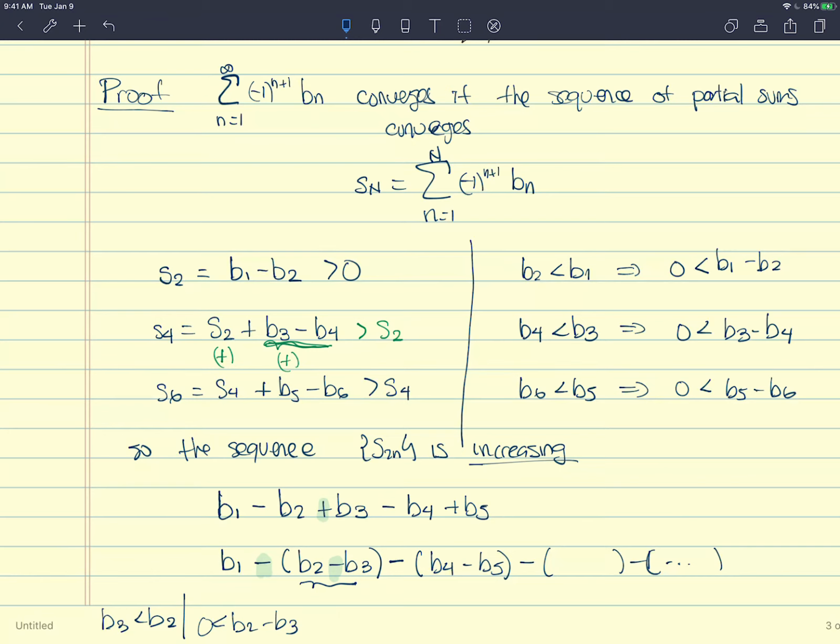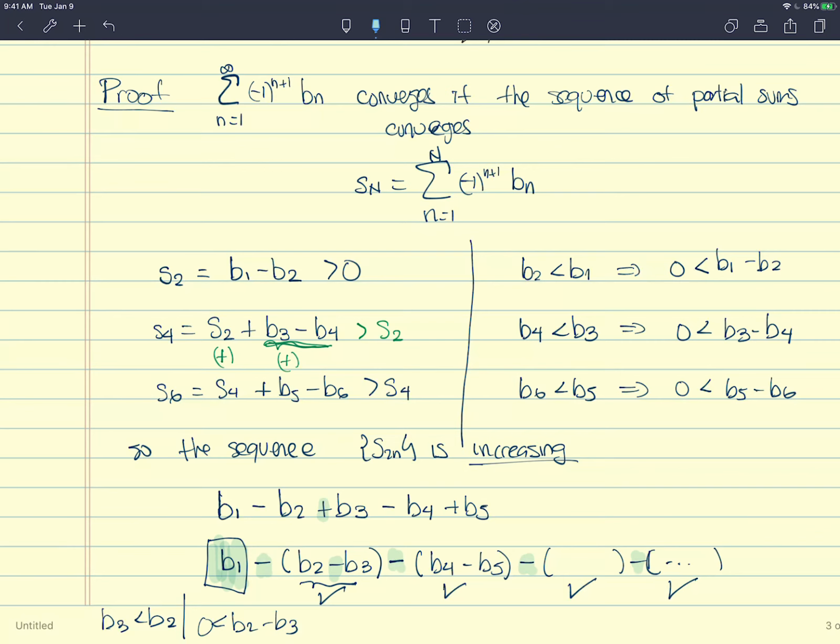So this says that the entire series is smaller than B1, right? Because you start with B1, which we're assuming is positive, and subtracting these numbers. In all of these, the numbers are positive, and you're subtracting them from B1. So B1 is my upper bound. Okay, so B1 is an upper bound.